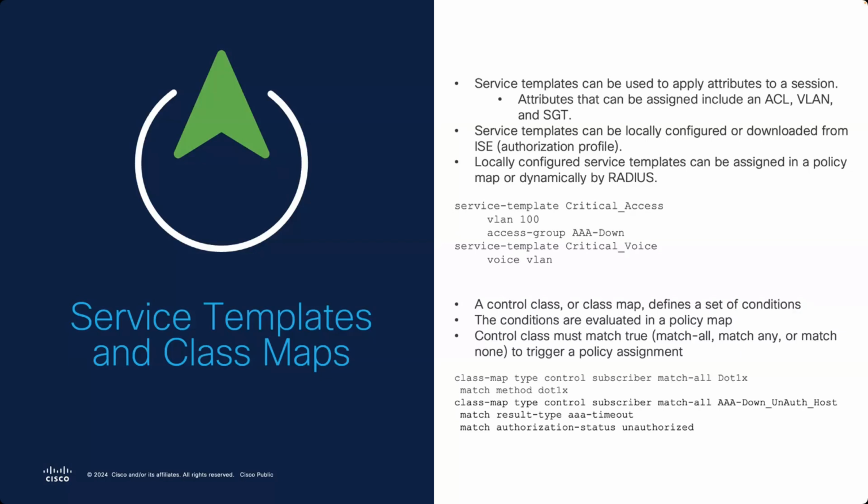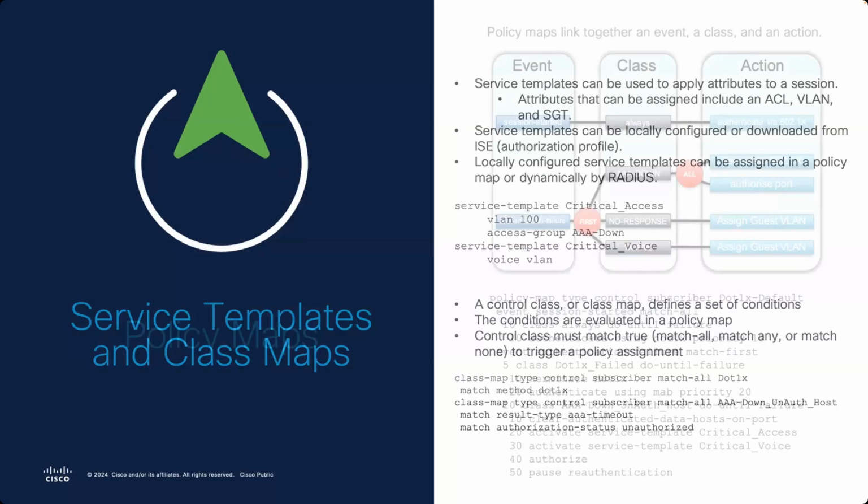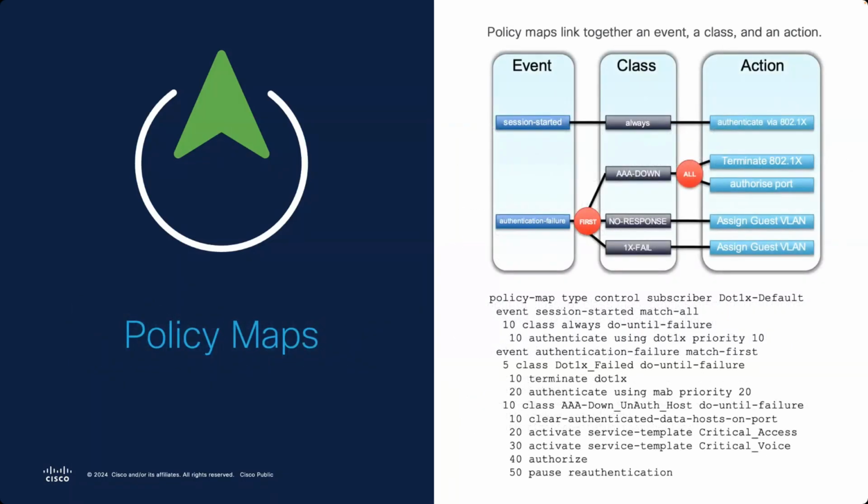That's great. What do we do with that information though? Well, we use it in a policy map. So a policy map ties together an event, a class, and what action to perform. Using our previous example of the unauth host, you'll notice as you go down this list, so you have the policy map here, you have an event session-started, .1x, it fails.